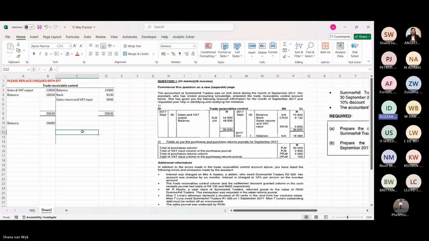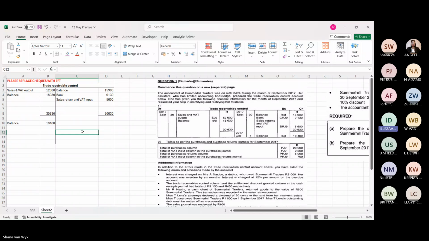Okay, are we starting at the additional info? Why are we skipping 2? Just below trade receivables control, there's 2, totals as per purchases and purchase return. But where does a purchase journal go to? Are we just skipping that? No, we're going to deal with it, but she's busy with the receivables. Those were the purchase journals.